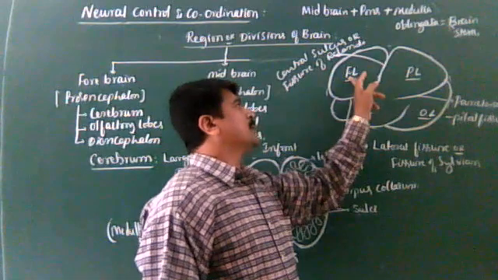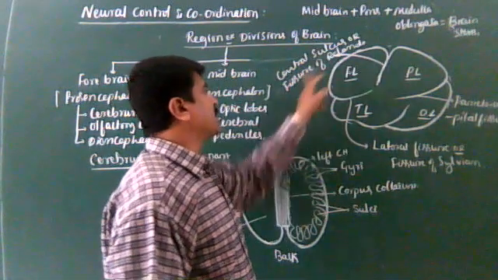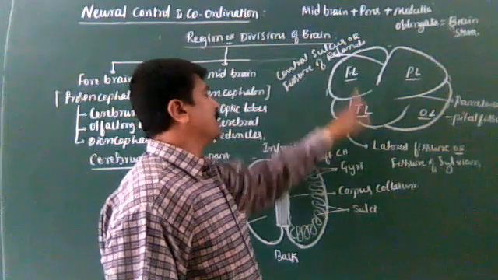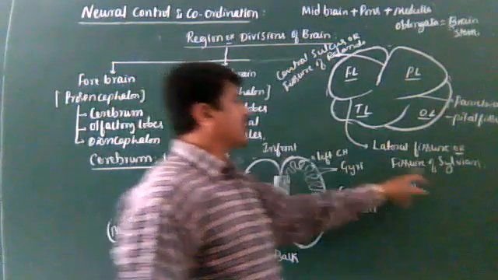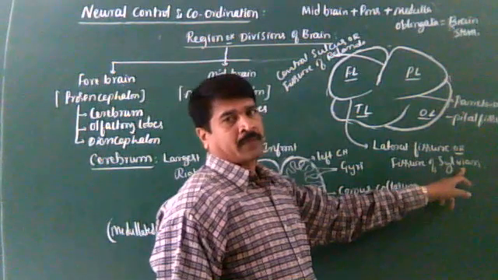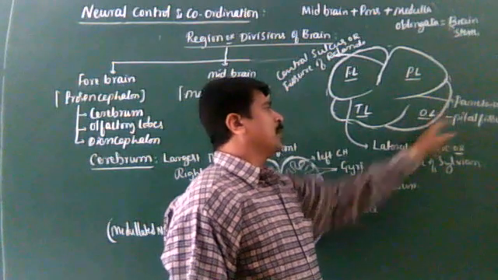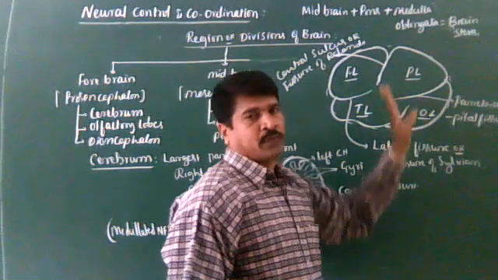The frontal lobe is separated from the parietal lobe by the central sulcus, also called the fissure of Rolando. The frontal lobe is separated from the temporal lobe by the lateral fissure, also called the fissure of Sylvian. The parietal lobe is separated from the occipital lobe by the parieto-occipital fissure. So these are the four lobes.